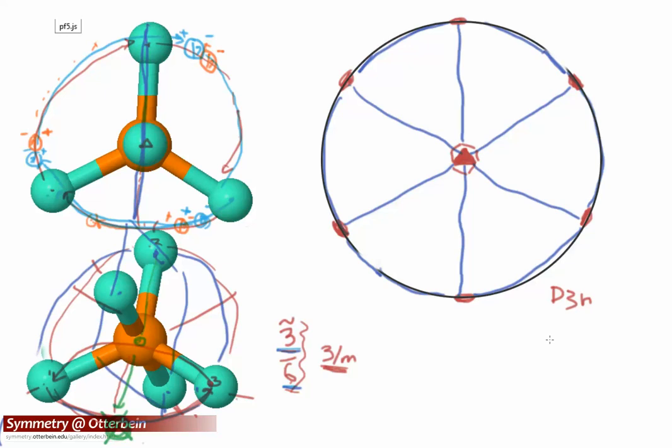If I'm using the notation that's used in the International Crystallographic Tables, Hermann-Mauguin notation, it is referred to as 6 bar m2, and that's the sixfold roto inversion axis perpendicular to a mirror plane and perpendicular to twofold rotations.